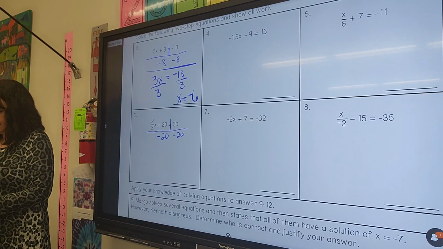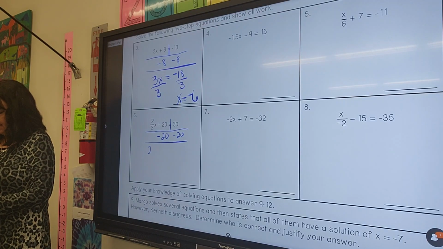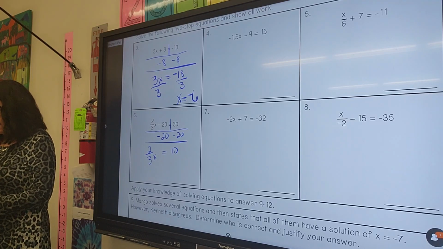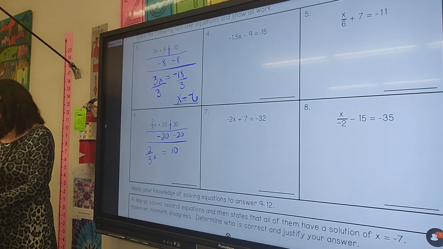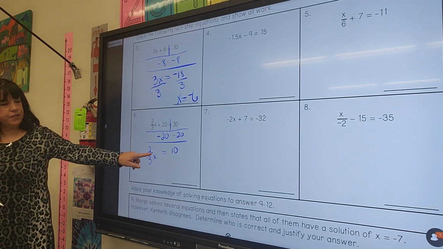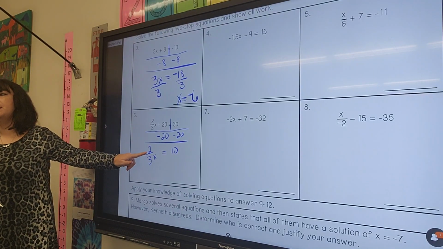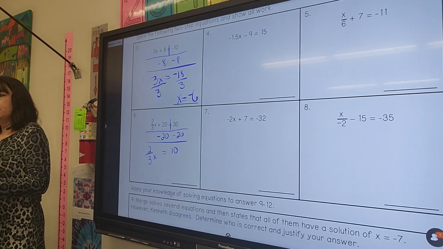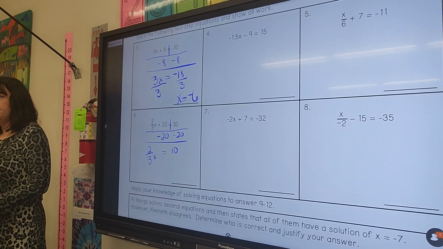And so I'm gonna bring down 2/3 x equals 30 minus 20 is 10. Now when we multiply by a fraction, we have to do the inverse of multiply, which is divide by that fraction. When we divide by a fraction, we flip it.